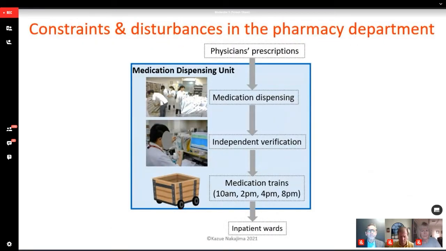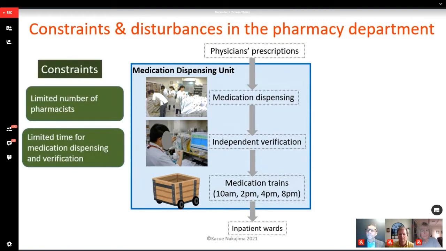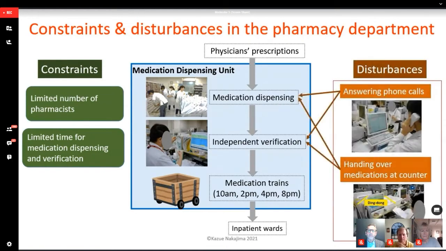In the medication dispensing unit, workflow is like this. Major constraints in this environment were the limited number of pharmacists and the limited time for medication dispensing and verifications before medication trains leave. Significant disturbances were frequent interruptions of pharmacist work by answering phone calls and handing over medications at the pharmacy counter.